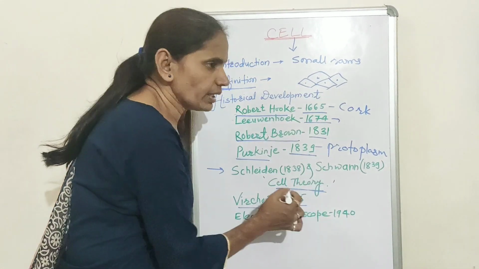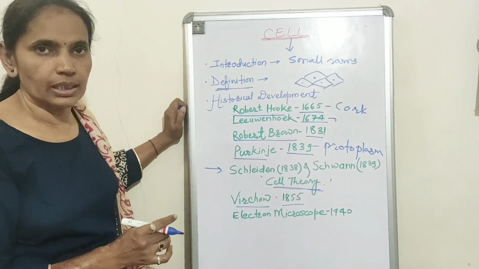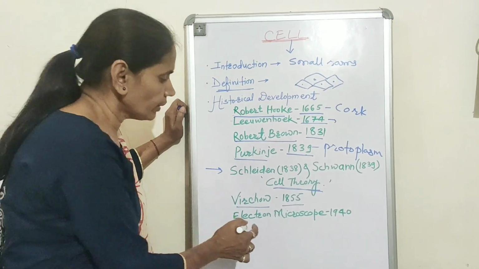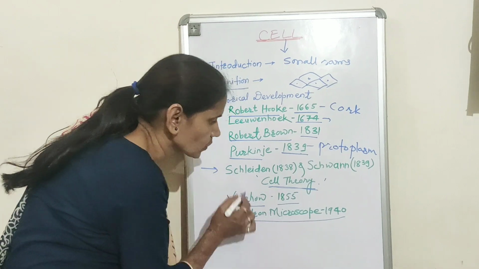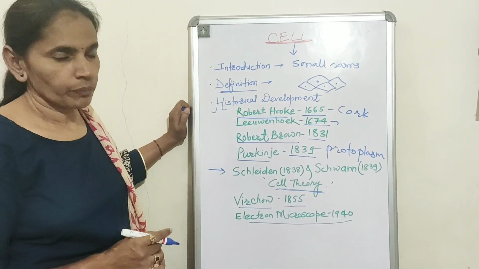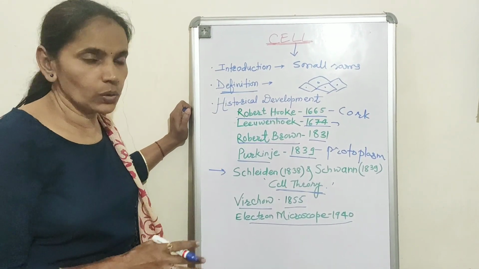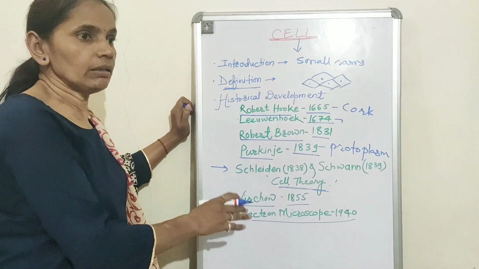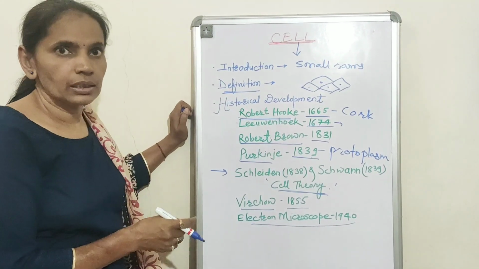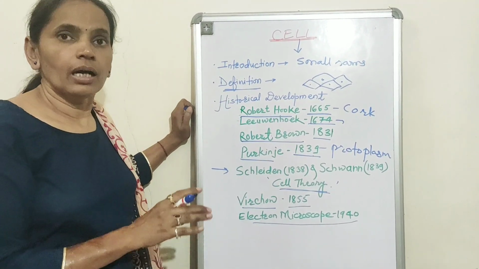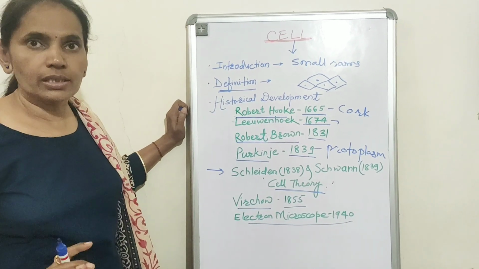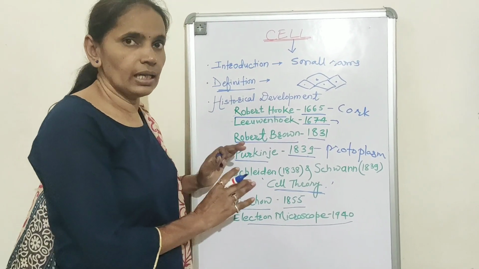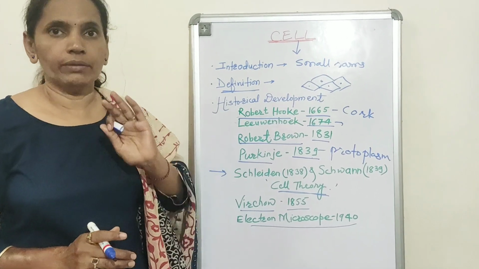All these structural details were further analyzed with the development of the electron microscope in 1940. As a result of the major contribution of these and other scientists, we now have detailed ultrastructural studies of cells from all the different living things.